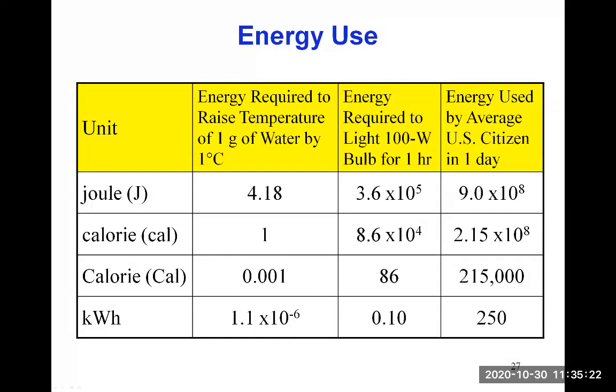And the energy used by the average US citizen in one day, 9 times 10 to the 8 joules, 2.15 times 10 to the 8 calories. And in food calories, it's 215,000 calories. And then in kilowatt hours, 250. So it looks like we are using a lot of energy.